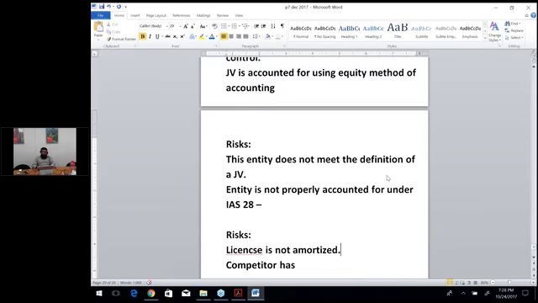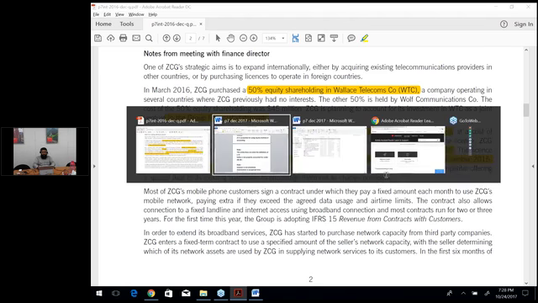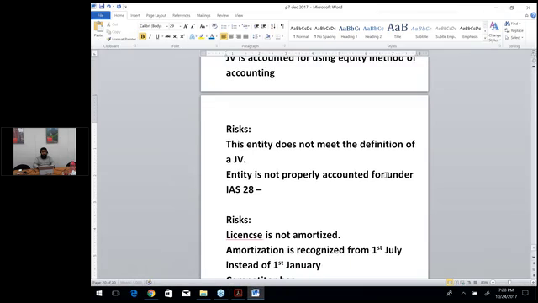IAS 38 also says that the amortization shall commence on the date the asset is available for use. So there is a risk that the amortization is recognized from 1st July instead of 1st January.